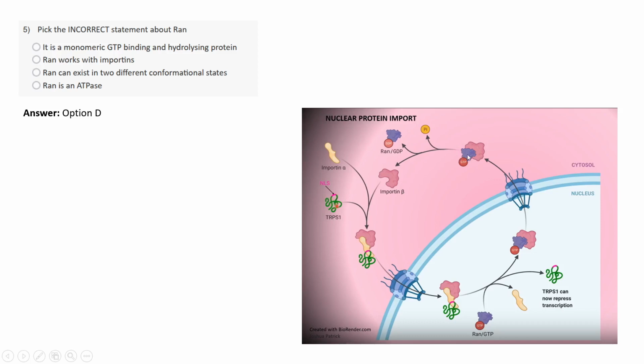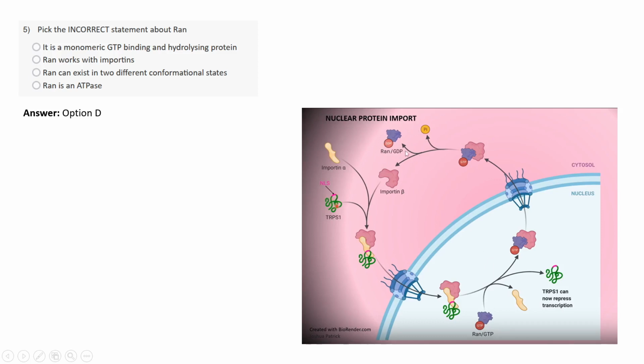In the cytosol, there is RAN GTPase present, which will hydrolyze RAN GTP into RAN GDP, and phosphate will get released. This RAN GDP is present in the cytosol. So this segregation is important: RAN GTP is present in the nucleus, and RAN GDP is present in the cytosol.